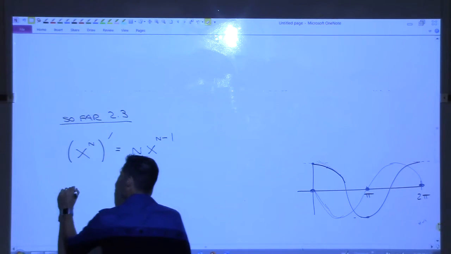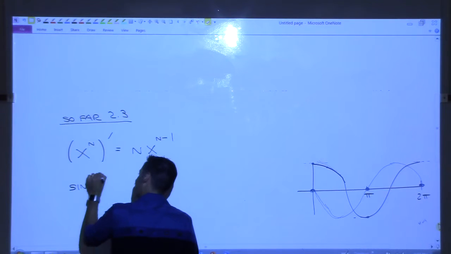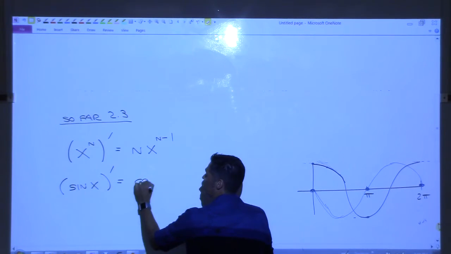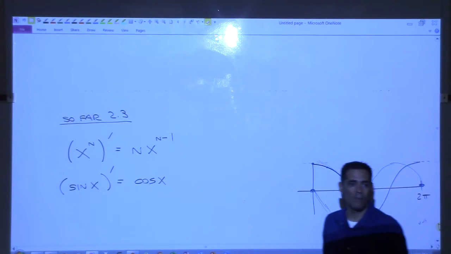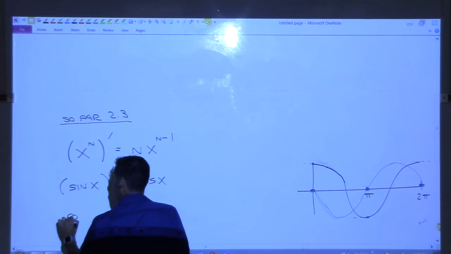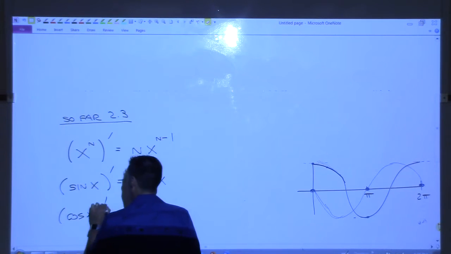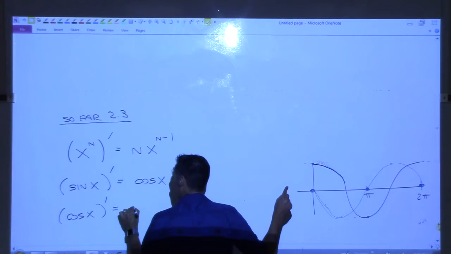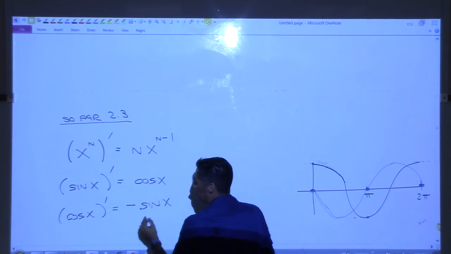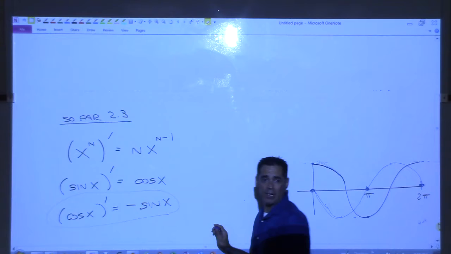Okay, the next thing we have is that if you take the derivative of sine of x, we proved this one using the limit, that the answer is cosine x. And now this, cosine x, take the derivative of that, and I'm telling you it's negative sine x. Now this one right here, I didn't prove it to you.